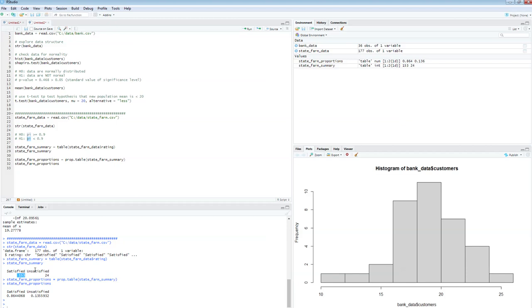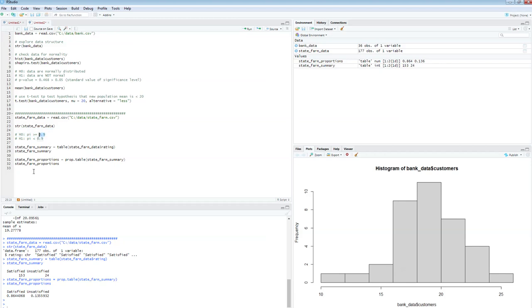The next sample is going to be 144. It's going to be different each time I pick a different sample. So could it be that I observed this proportion purely by chance? In other words, how likely is it to see a sample like that, or even more extreme, given that the null is true and the true proportion of satisfied customers is still 90%?